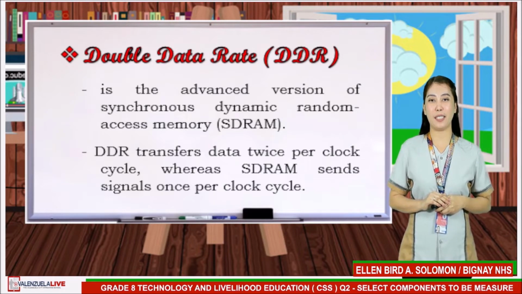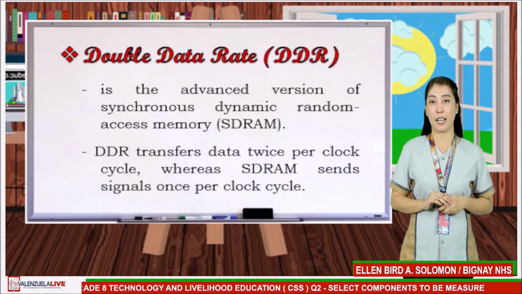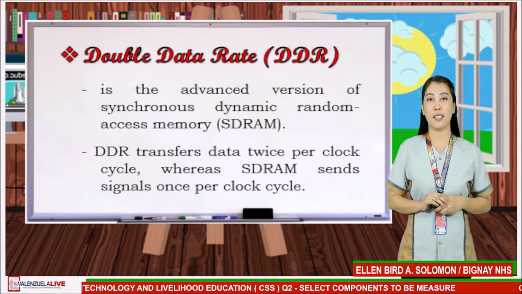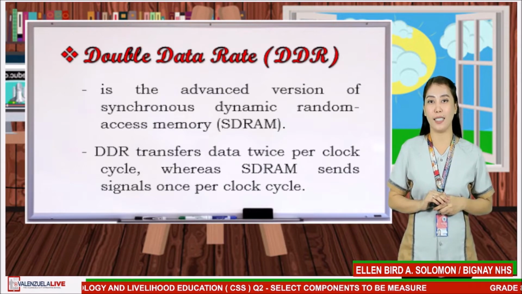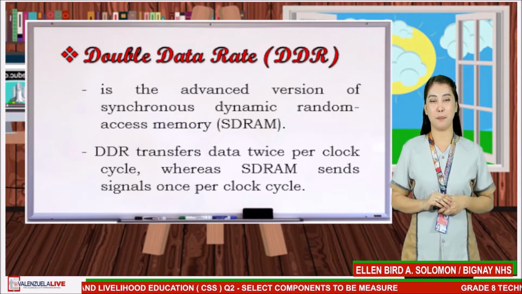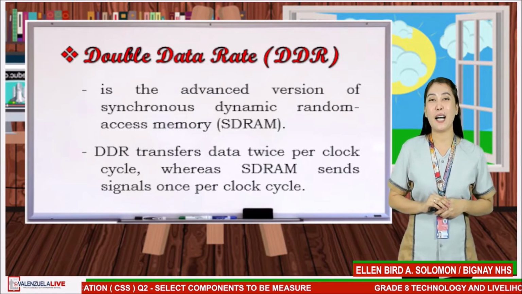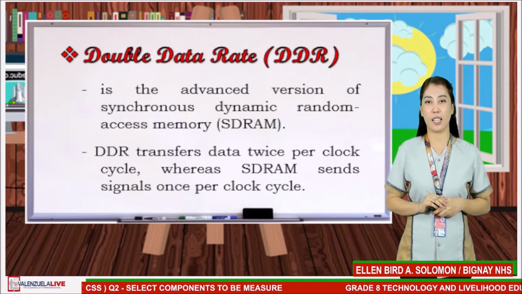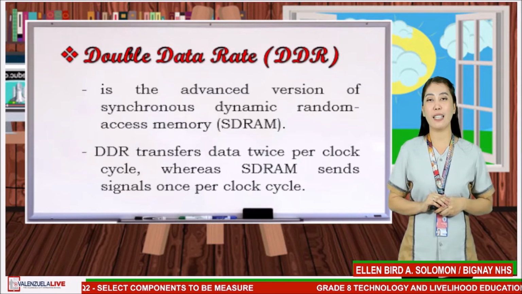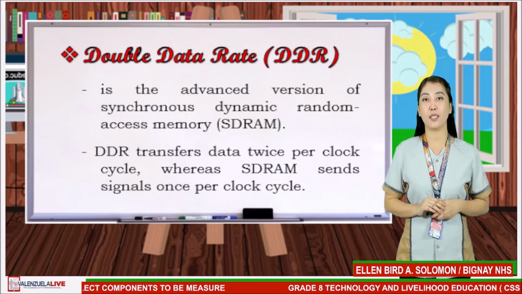DDR transfers data twice per clock cycle, whereas SDRAM sends signals once per clock cycle. The same frequencies are used for both. However, DDR uses both edges of the clock, whereas SDRAM uses only one.